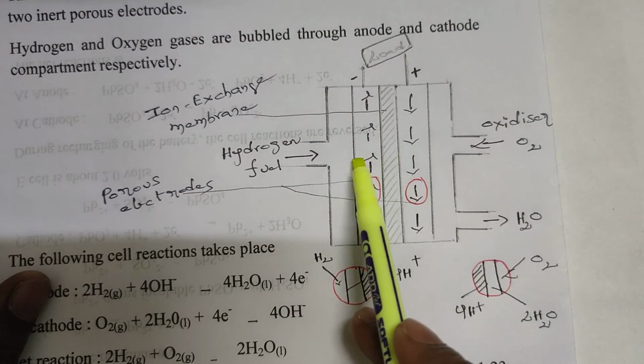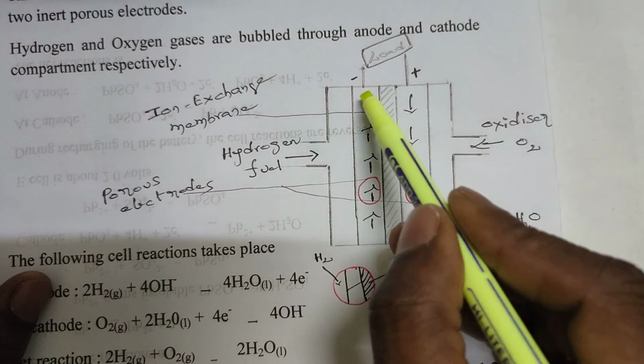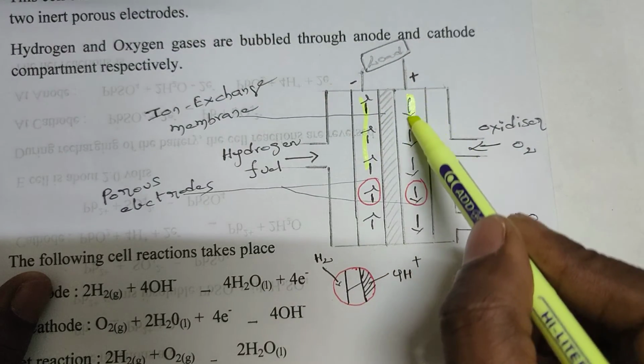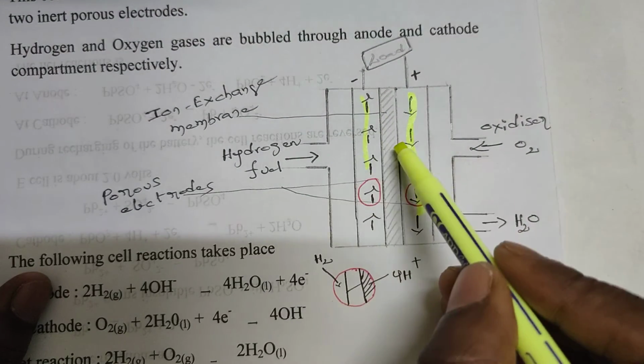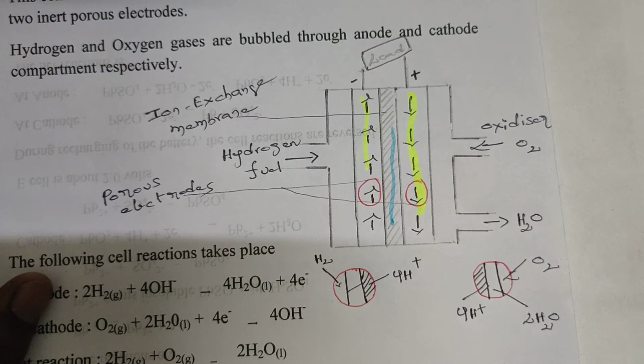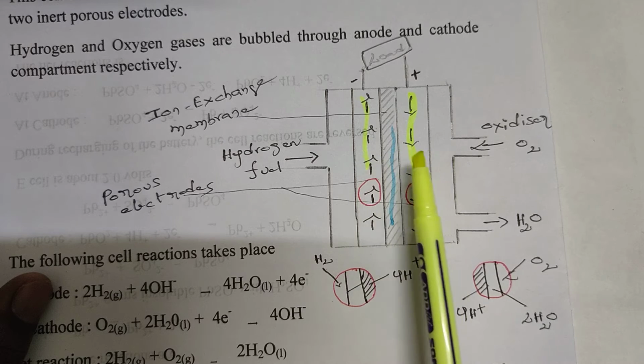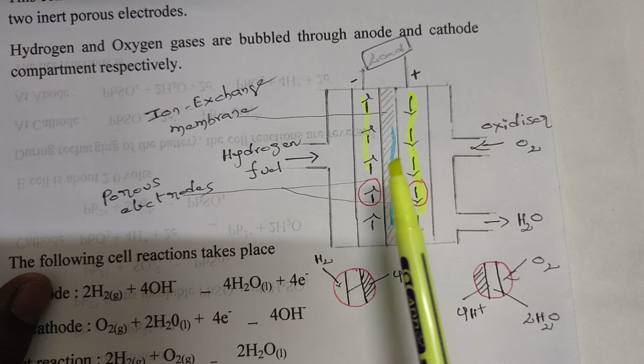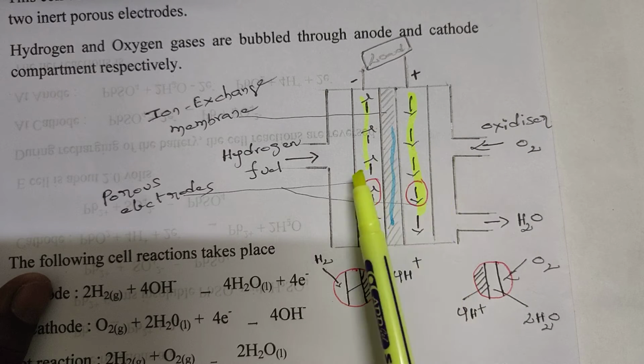It consists of two porous electrodes, one electrode and another electrode, and these two are separated with an ion exchange membrane, from which exchange of ions takes place from anode to cathode or cathode to anode.